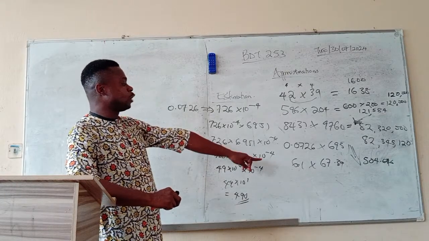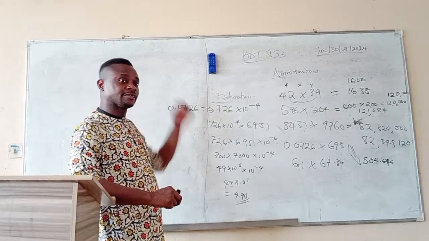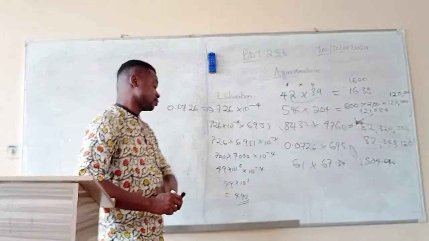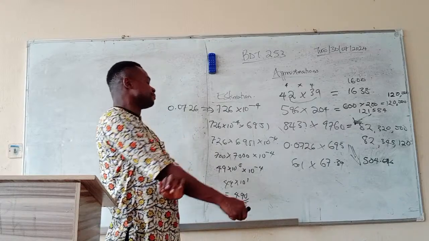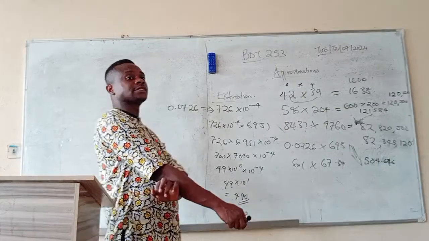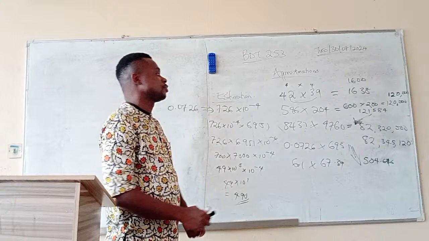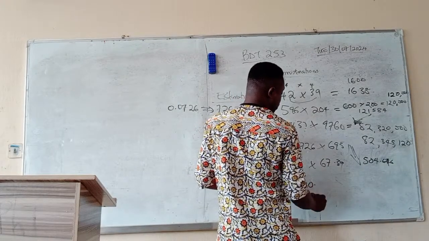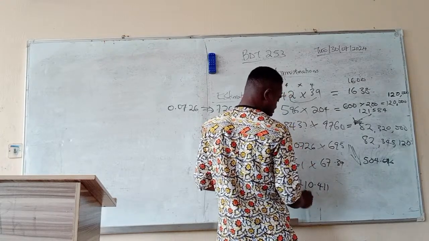So what about this one? 6.1 times 7.39. For what? For point what? This is what? What's this one?